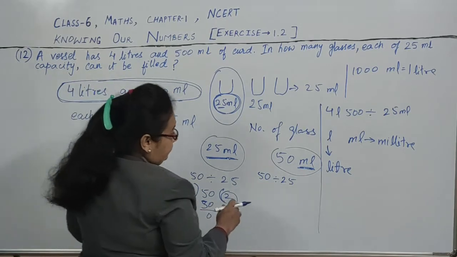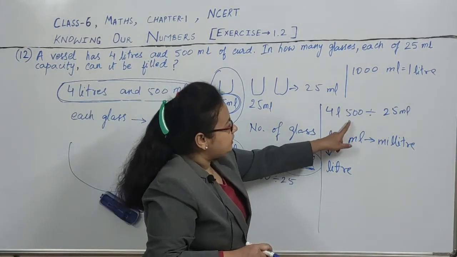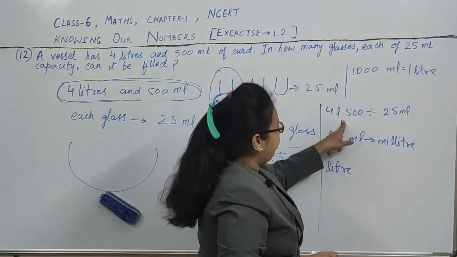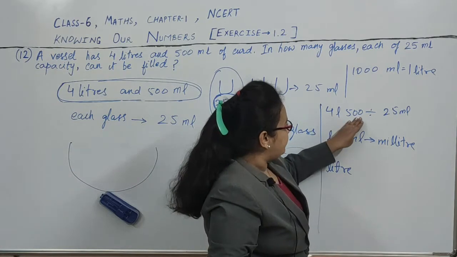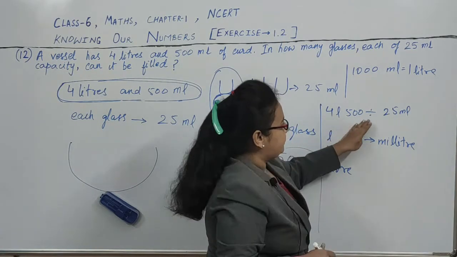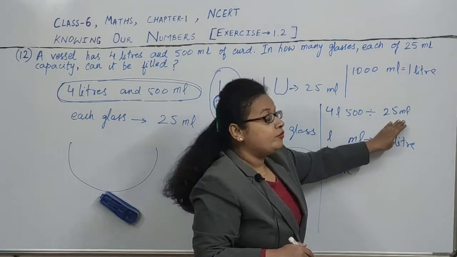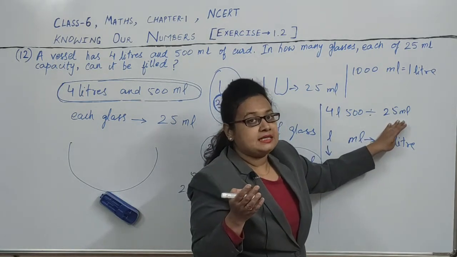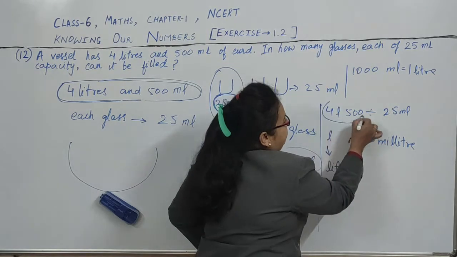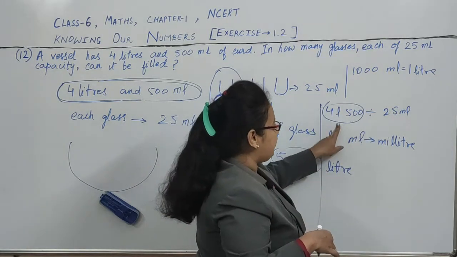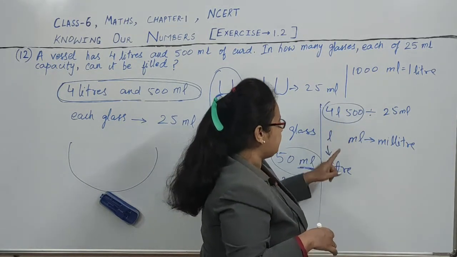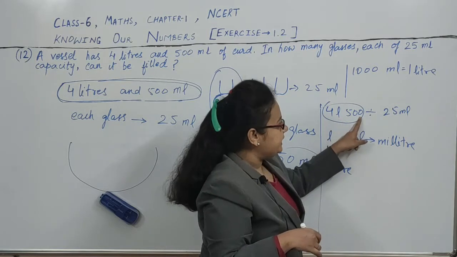So what I was telling, to divide 4 liter and 500 milliliter by 25 milliliter, to find the number of glasses in which this total amount can be filled. But we cannot divide because it is liter and milliliter.